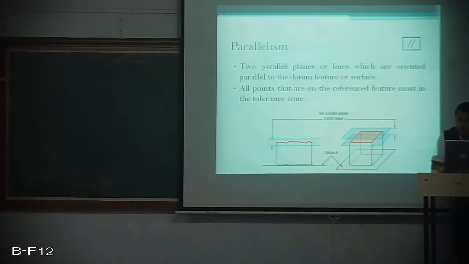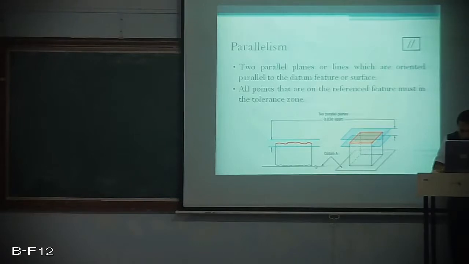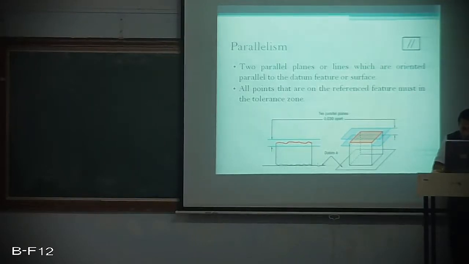Again, the tolerance zone over here is specified by two parallel planes. So here, considering this example, this surface I have made it a reference surface and I taken it as a datum A, which is represented in 3D on the right side, and on the left side the top surface, as indicated in the diagram, has to be parallel with this surface within a tolerance zone of 0.030, that is depicted in the right figure.